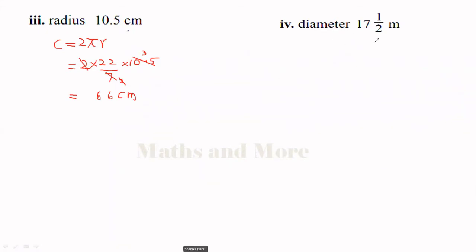They have given the diameter, but that is a mixed number. We can convert the mixed number into an improper fraction and do the calculations, but you have to select the correct formula. If the diameter is given, C equals πD. The value of π is a constant value.